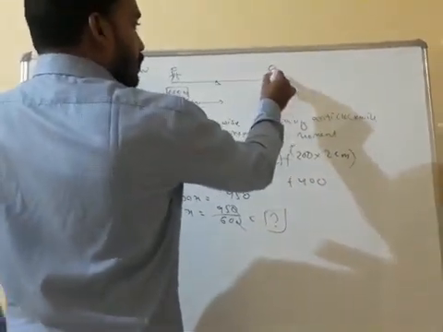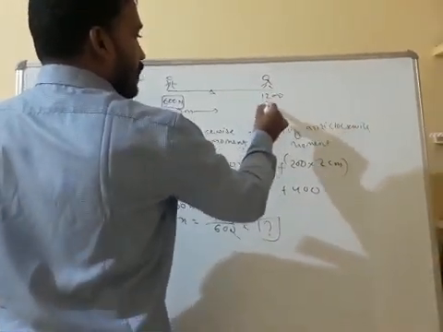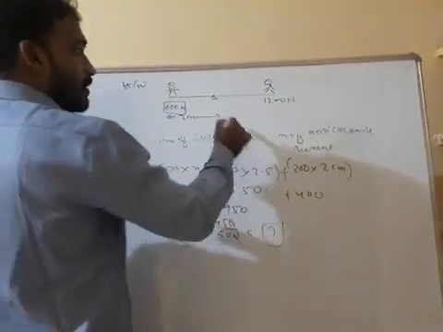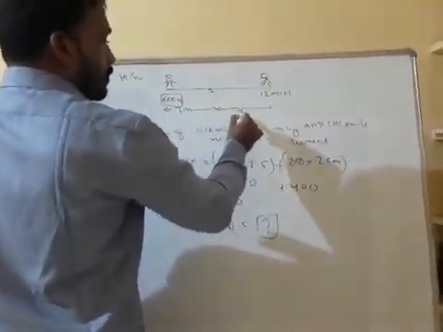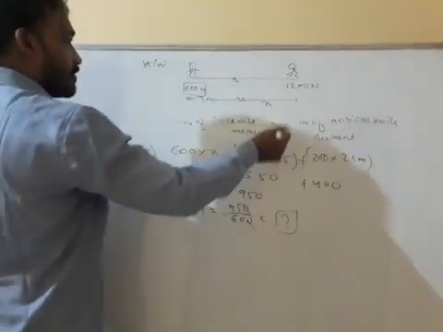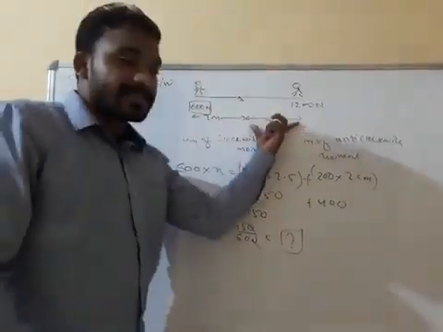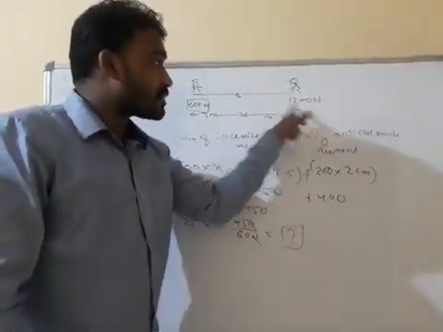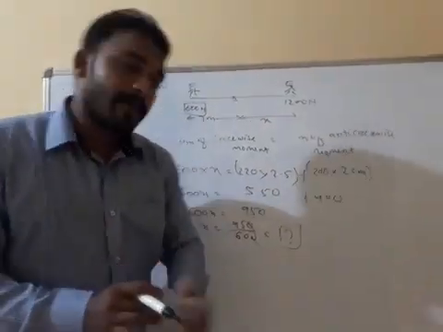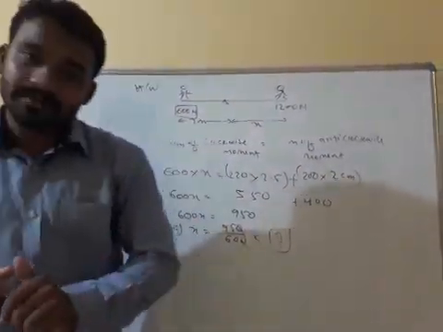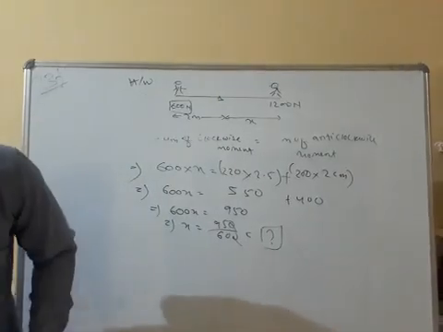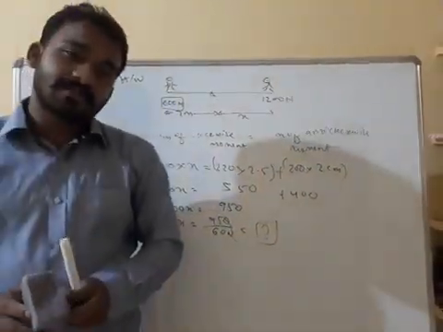Another person has weight 1200 Newton. Find the distance from the pivoted point where the second person is sitting. This is the homework, means x you will find. Same method you will use. Clear?